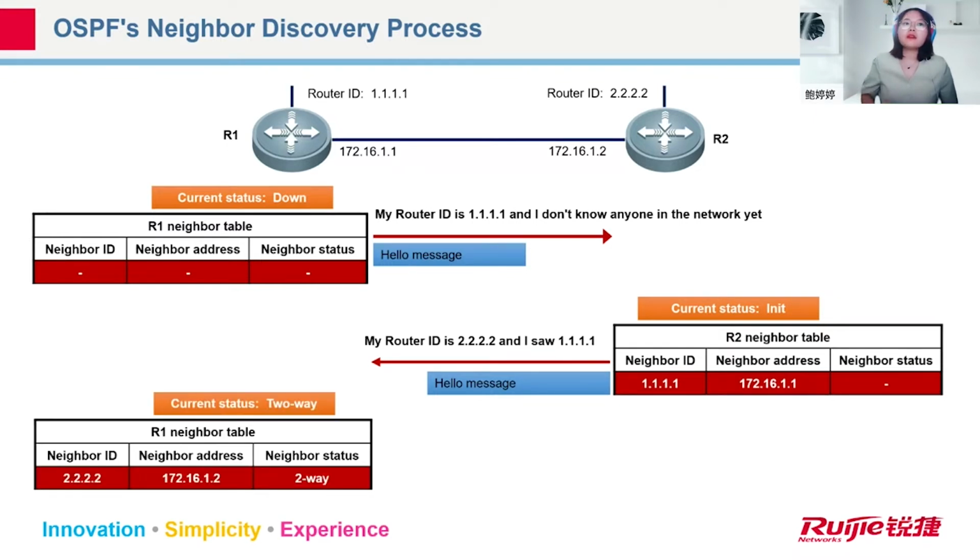In this scenario, when router 1 receives the message, it changes the neighbor relationship to two-way. Our neighbor relationship is established successfully. So this is the first step to find the neighbor.